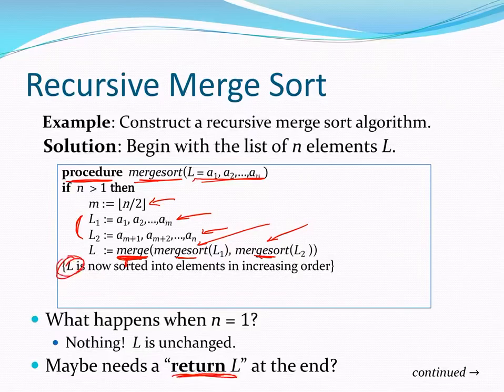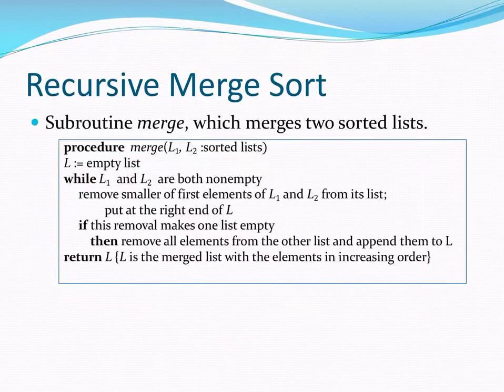Okay, so now let's talk about this algorithm merge. What happens when I merge two sorted lists, my left list and my right list? Well, the way it works is pretty straightforward.